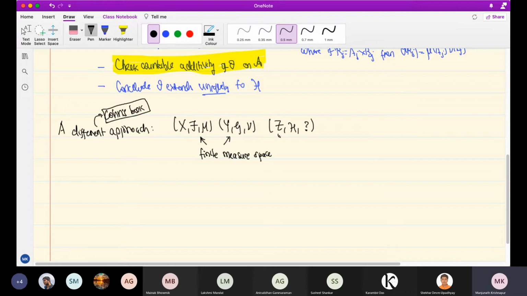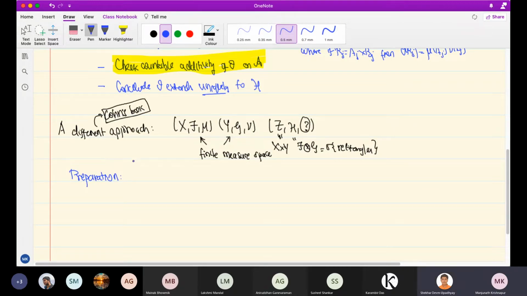And Z is X Cartesian product Y, and H is the product sigma algebra, which is the sigma algebra generated by rectangles. So what is this measure that we have to put? That is where some preliminary work comes in. So let's do some preparation. Let me make a definition.